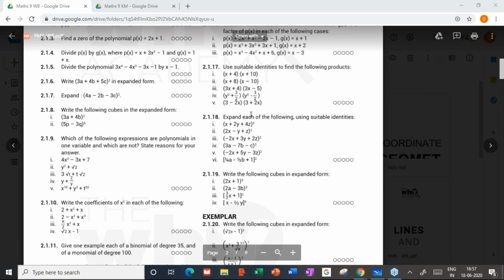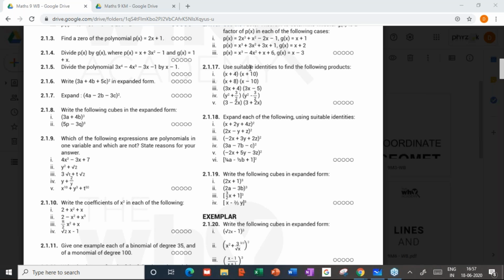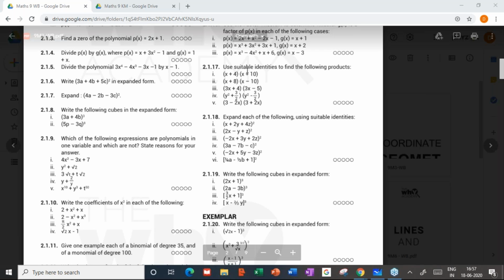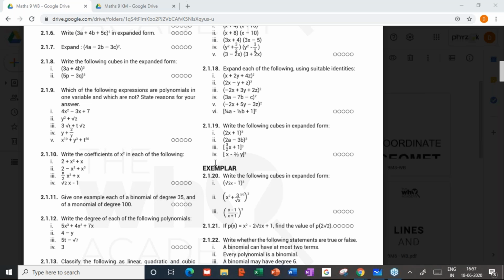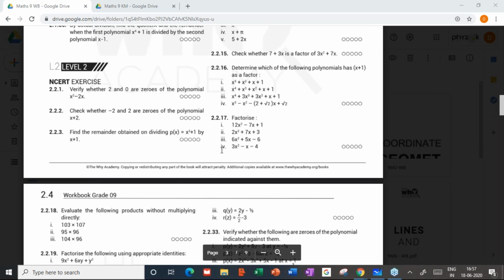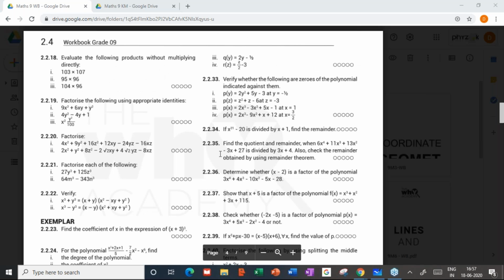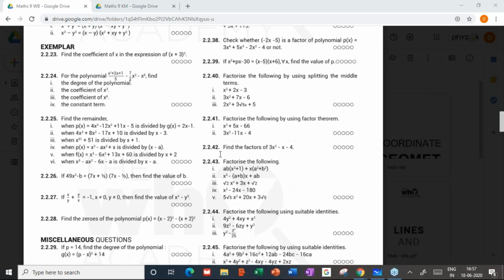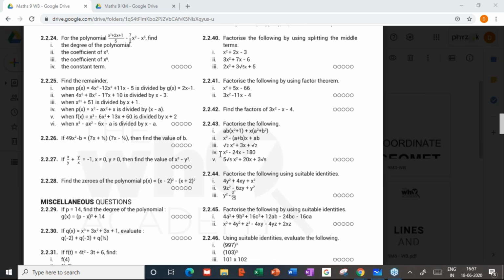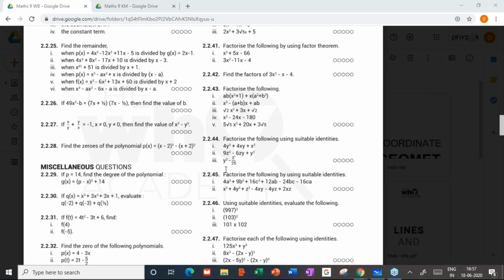Be careful when you are writing that. Use suitable identities to find the following products, and that type of question. Mm, what else is there? Factorize the following using suitable identities. Yeah, this also comes under factorization only, but you use identities.